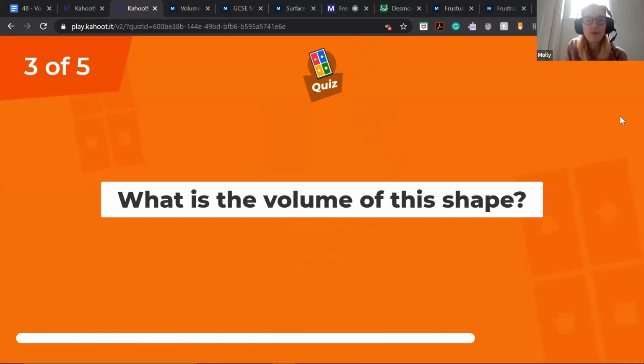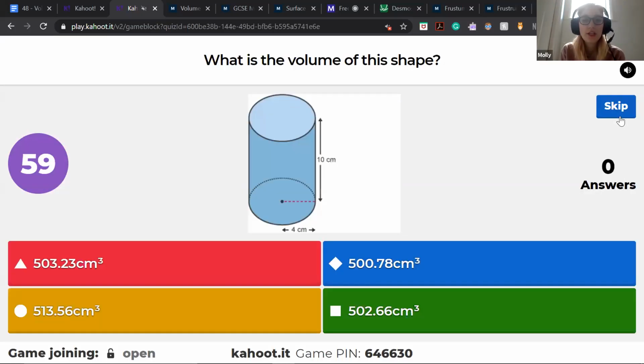Okay, what is the volume of this shape? So this cylinder here. So you'll need your calculators for this one.